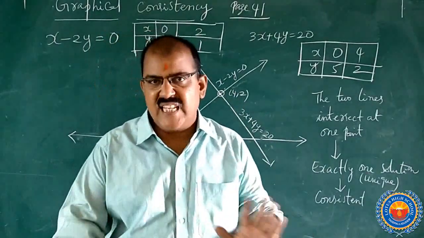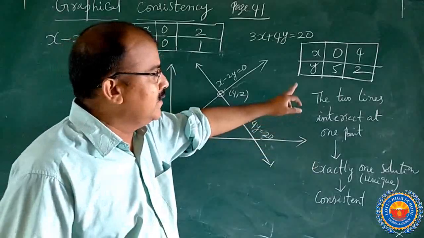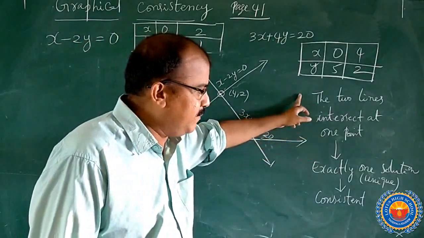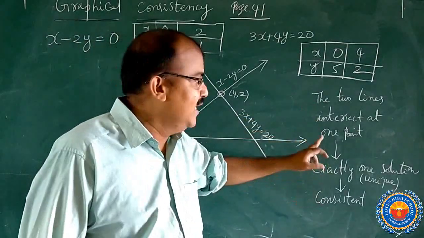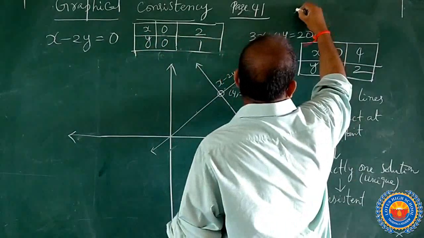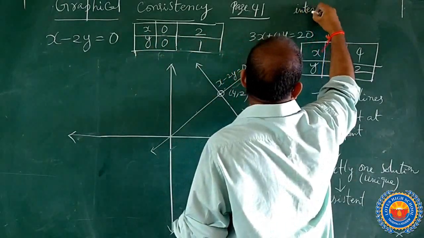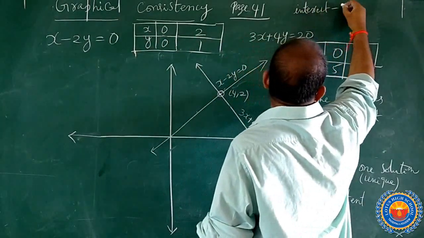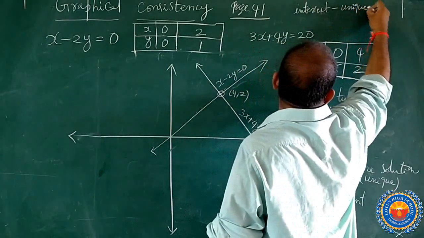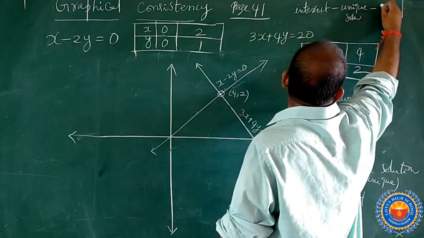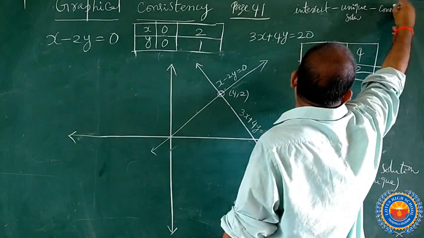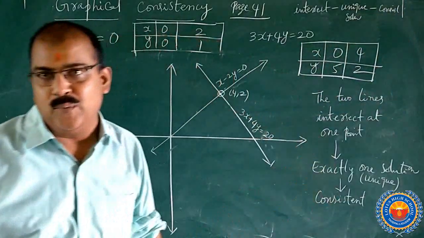Understand? So this is the first part. What is the first part? The two lines intersect. Intersect means exactly one solution, a unique solution. Next, consistent. This point is very, very important.